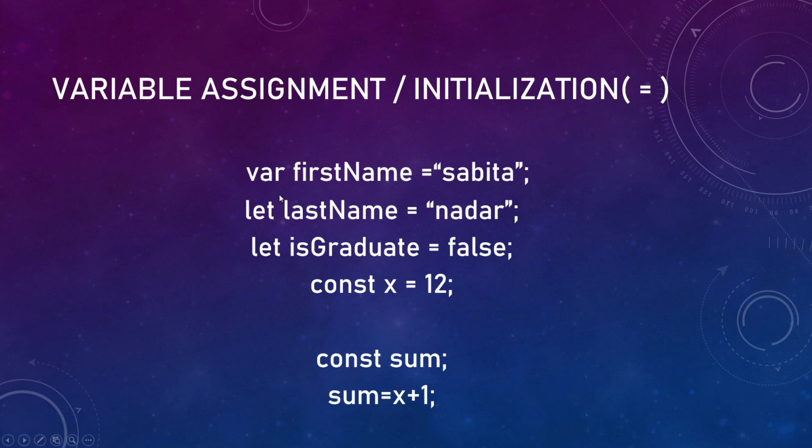Okay. So the first four lines are examples of variable initialization. The last one, const sum: we are declaring a variable sum, and in the next line we are assigning some value. That is called variable assignment. Got it?